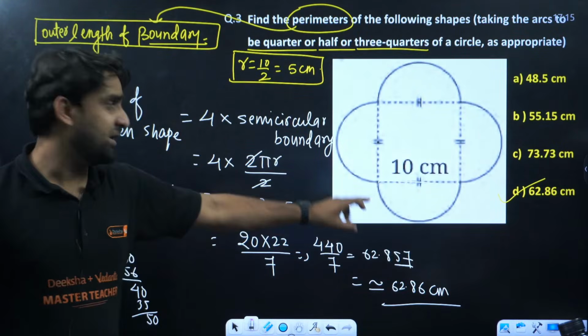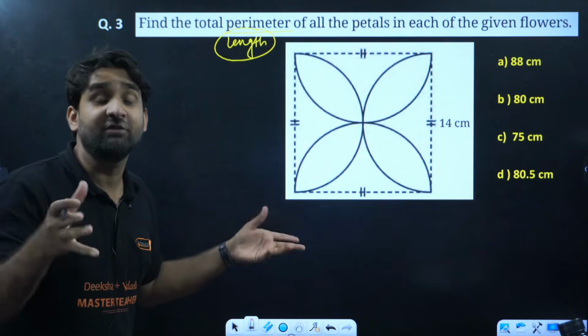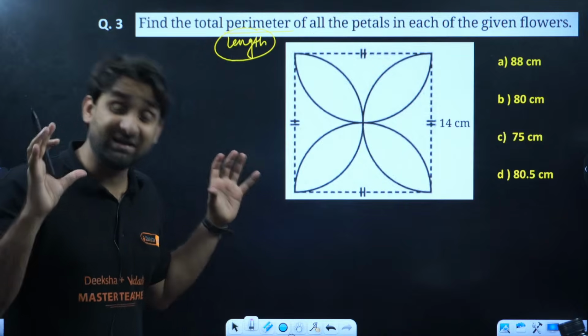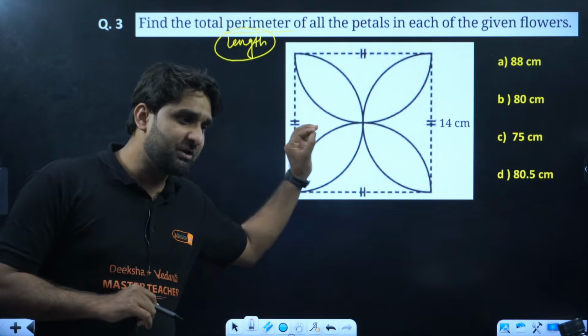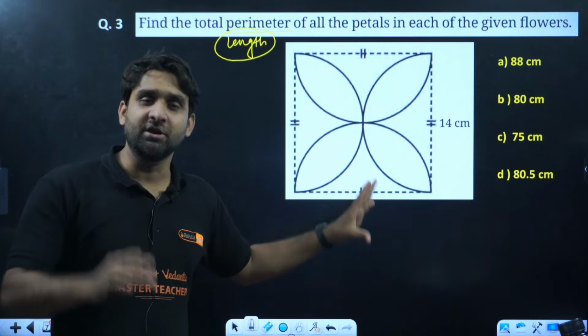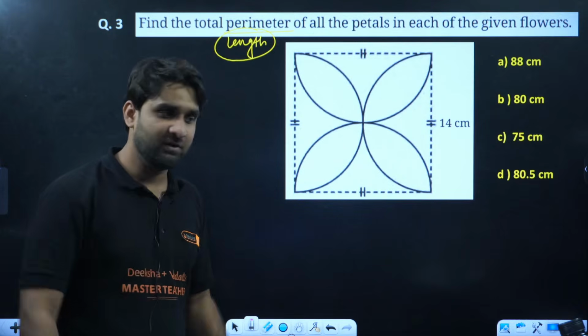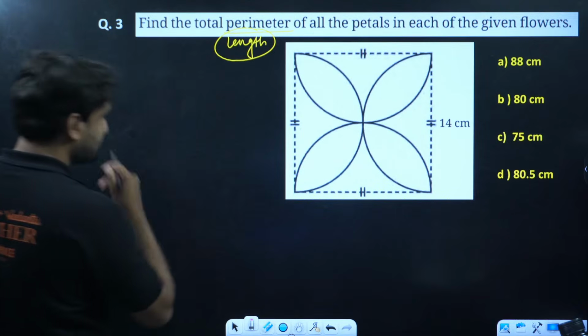So my dear champion, in this question and in that question, there is no difference. The difference is only of structure, geometrical design. That's it.